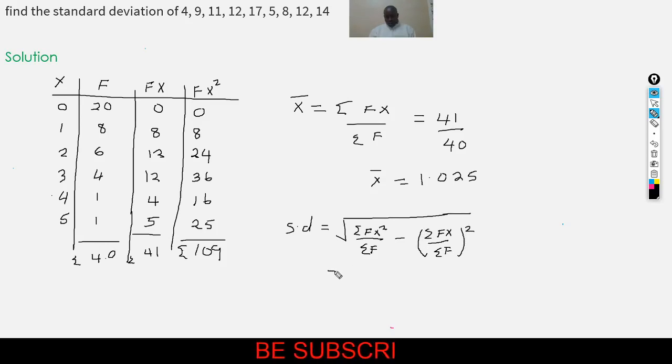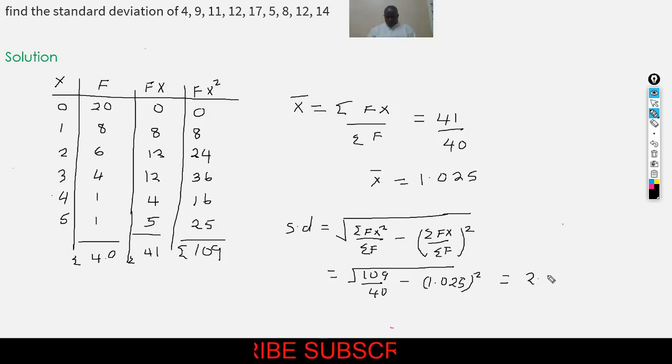In this case, we get 109 divided by our f, which is 40, then minus the mean squared. 109 divided by 40 gives you 2.725.